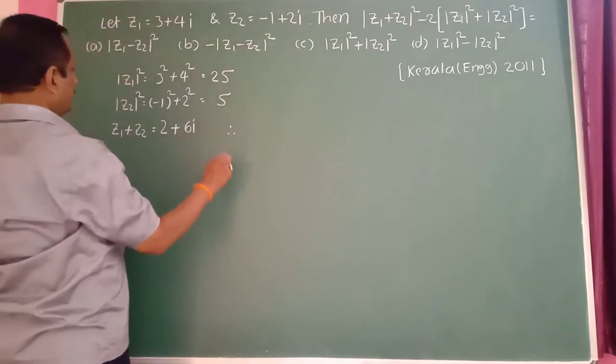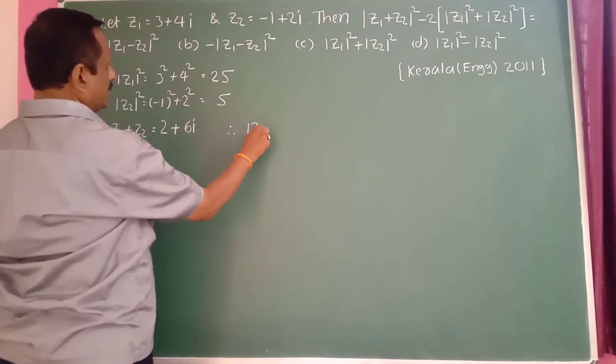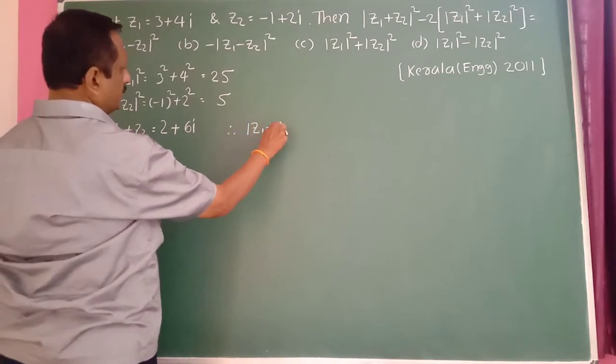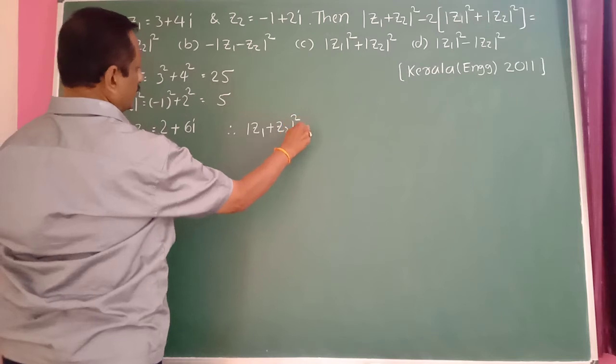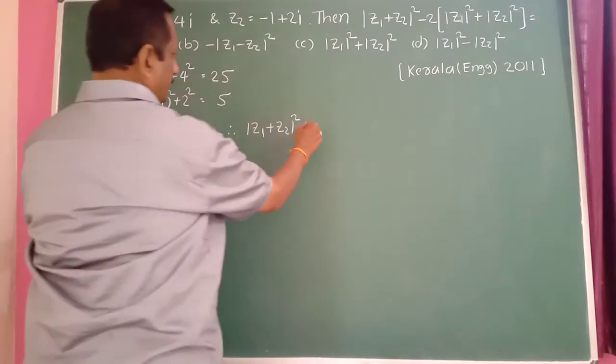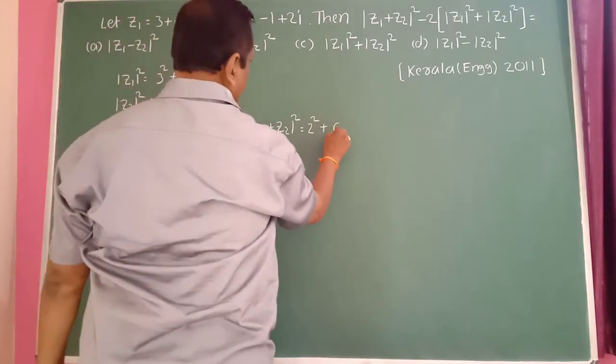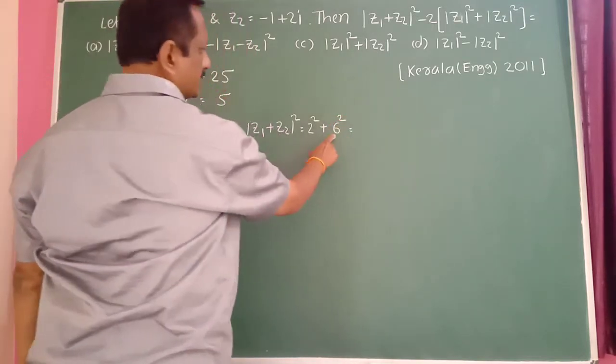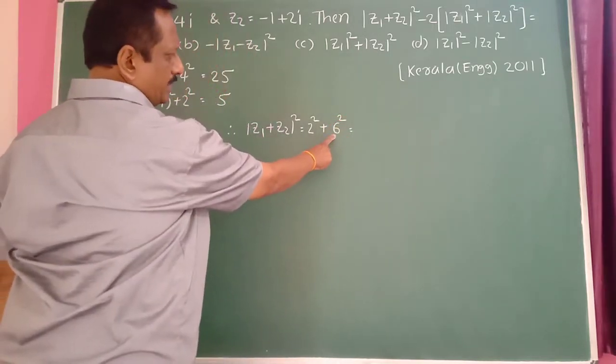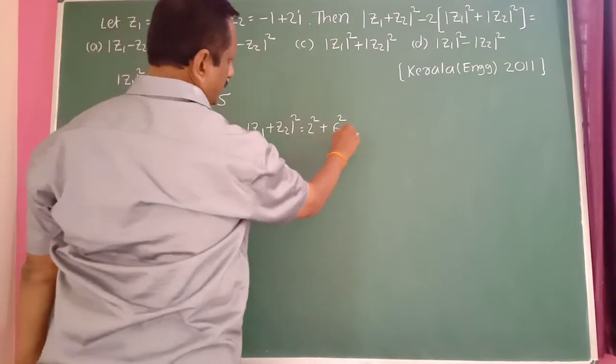Therefore, find its modulus square. Modulus of z1 plus z2 whole square equals 2 square plus 6 square. 6 square is 36, plus 4 gives 40 here.